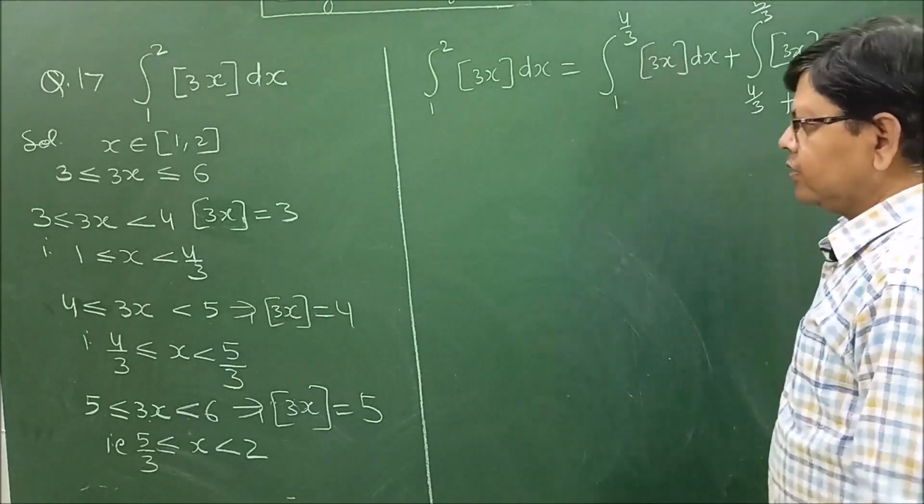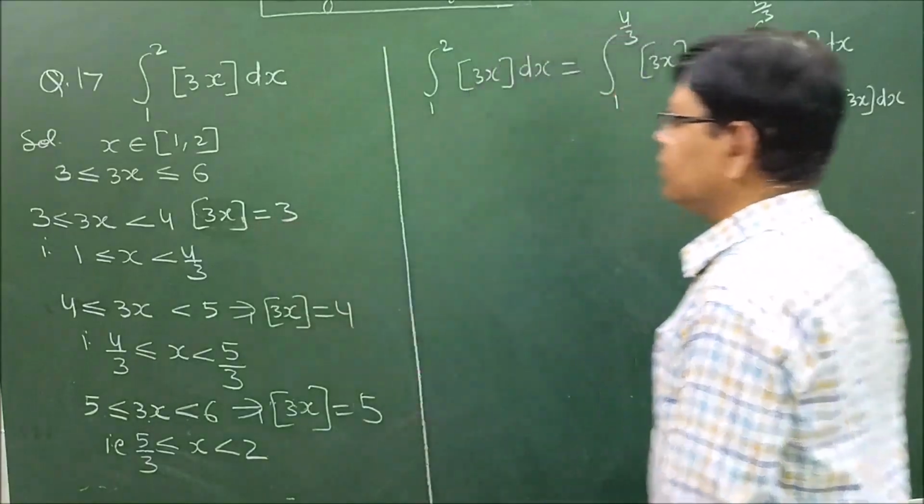Now in this limit, lower limit 1 and upper limit 4 by 3, greatest integer 3x is equal to 3.